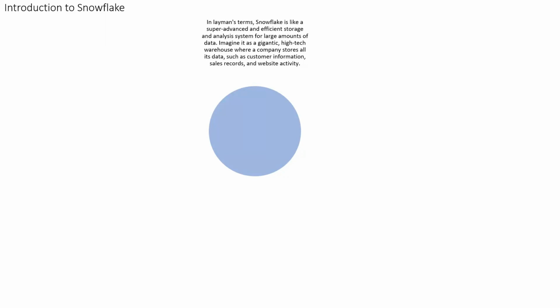If it is healthcare, we can store all that information. So this is basically a gigantic data warehouse, not built on premise, but built on the cloud. That's why it is treated as a cloud data warehousing platform.